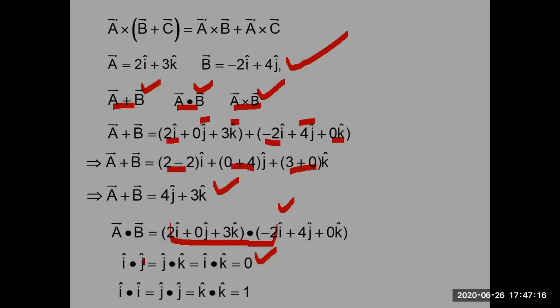When there is I dot j, it will be 0. Why? Because when you write the angle between the two, cos 90 becomes 0. That's why it is 0. But sin 90 is maximum. So I cross j, I cross k, that is a vector. So for I dot I, j dot j, k dot k, one vector I, another vector I, and the angle between the two is theta, cos theta.